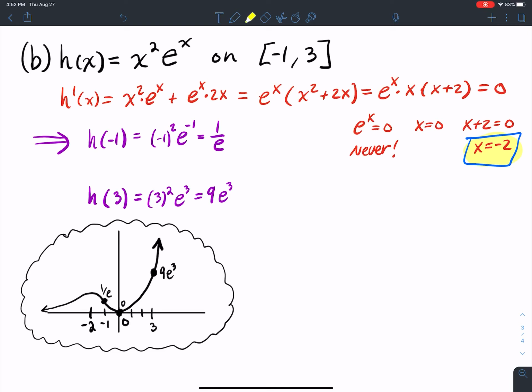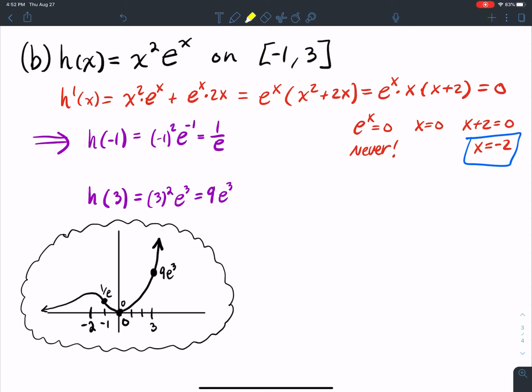But guess what? We do not care about x equal to -2 because our interval is from -1 to 3. So you need to be careful on this, especially if you see a test question like this. If one of your critical points is outside this interval, I don't care about it.